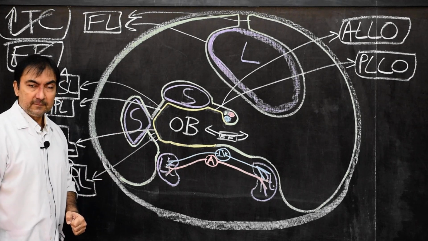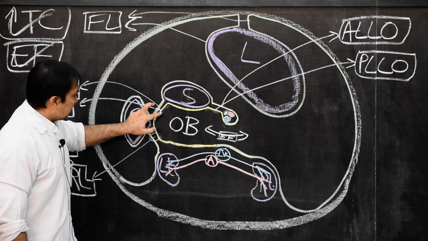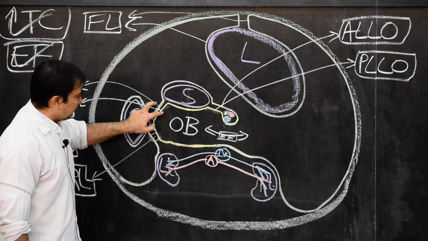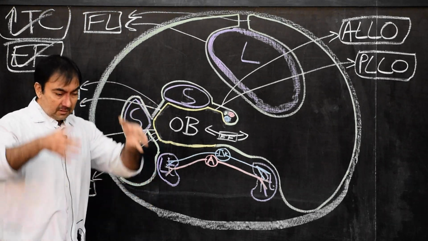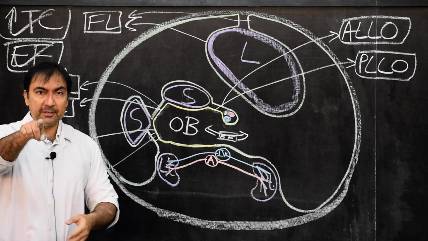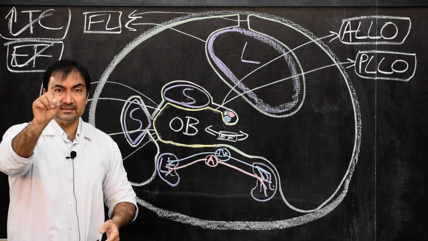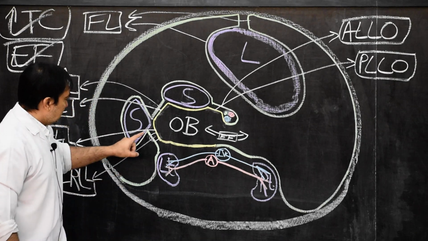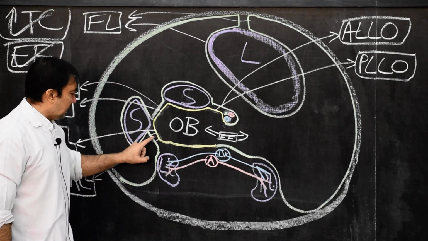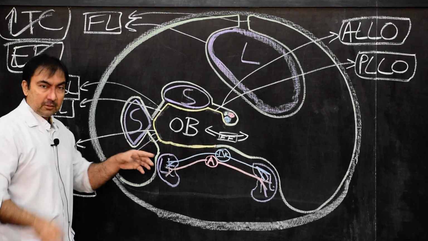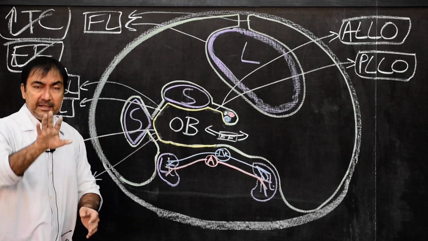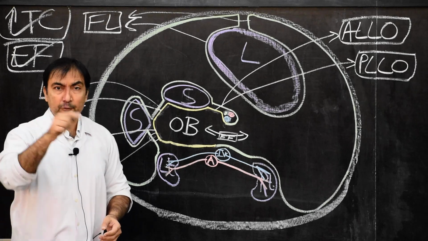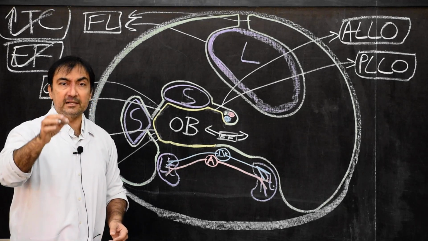Very important. And lastly, the two layers of the gastrosplenic ligament, caudally, are continuous with the first and second layer of the greater omentum. The two layers of the lienorenal ligament, caudally, are continuous with the third and fourth layers of the greater omentum.